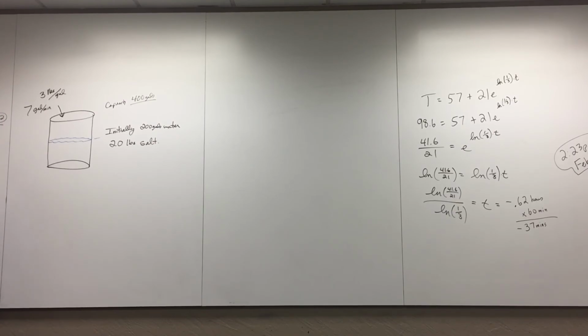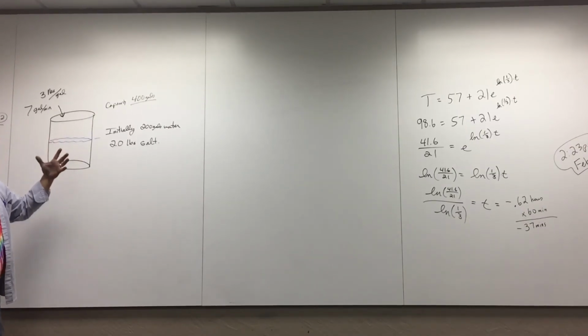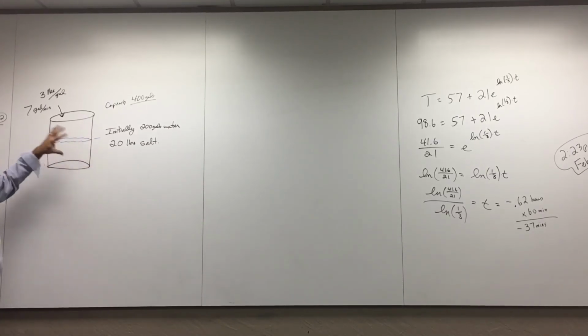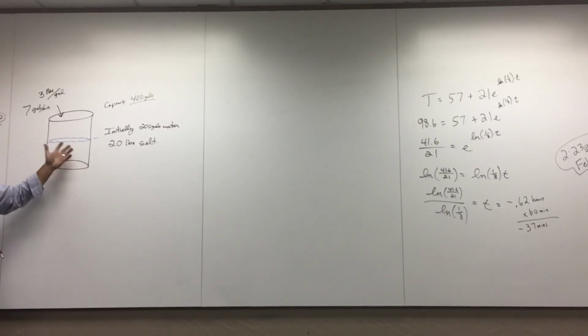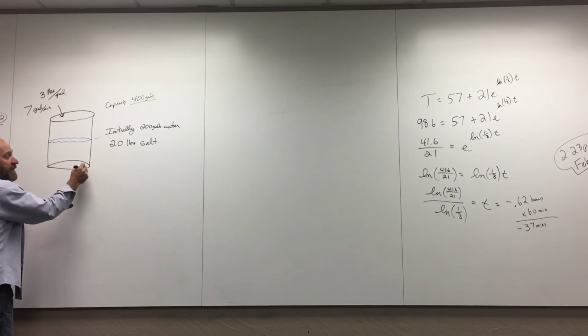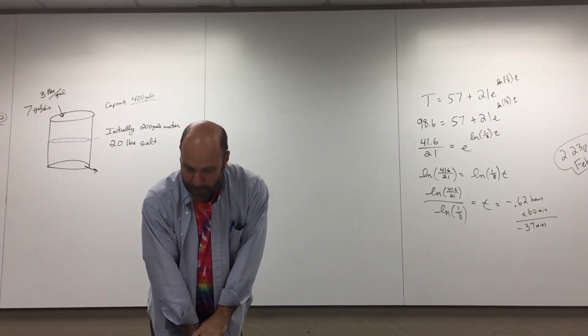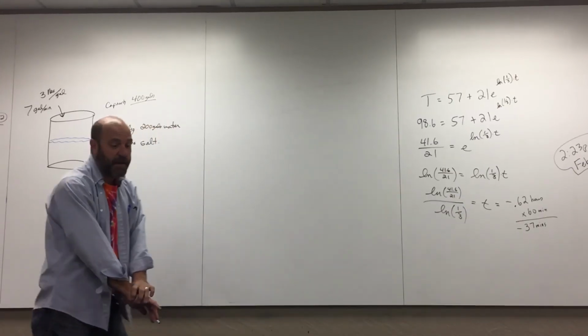It's 3 pounds per gallon. First of all, that's a lot of salt. Then it's coming in at 7 gallons a minute. Anyway, it's a lot of salt. That's a big old tank. Anyway, the well-stirred mixture is being removed from the tank, exits the tank at a rate of 3 gallons per minute.